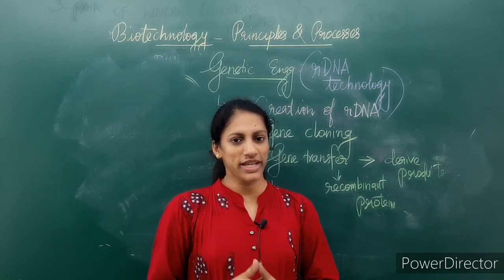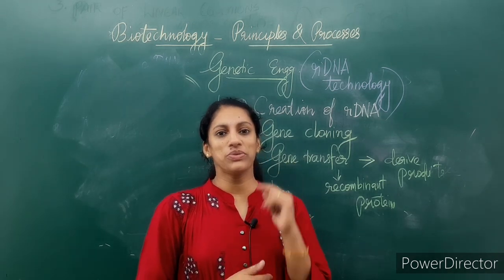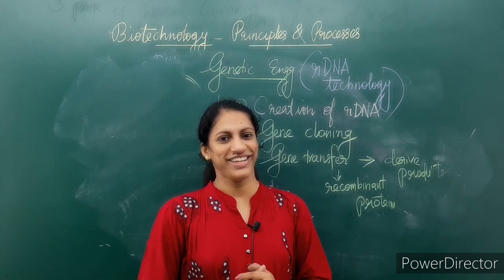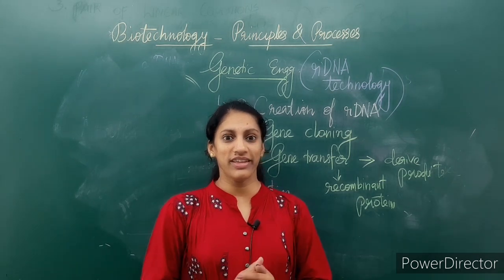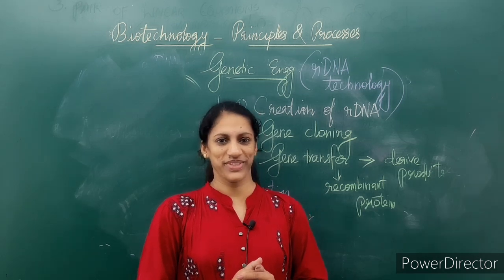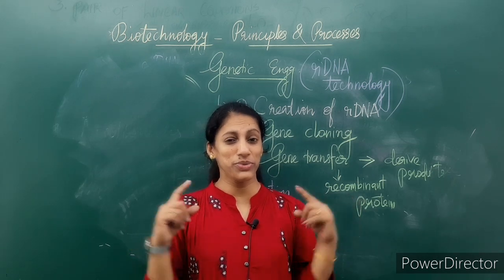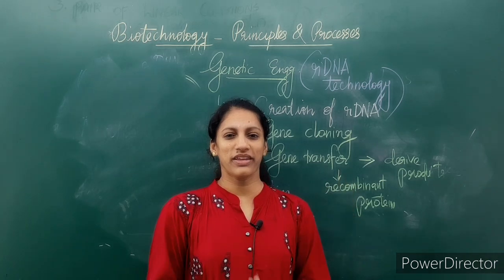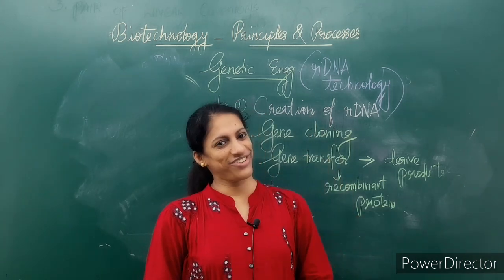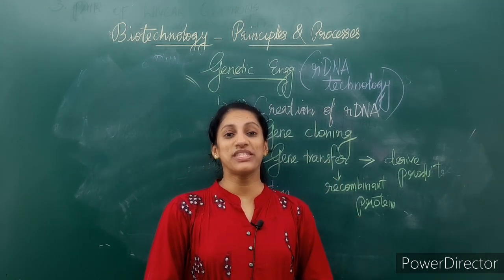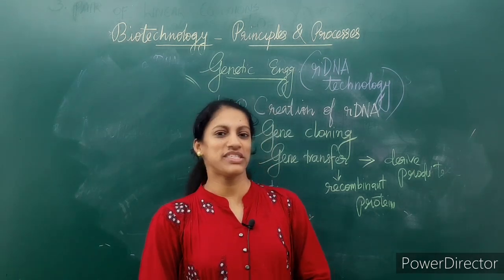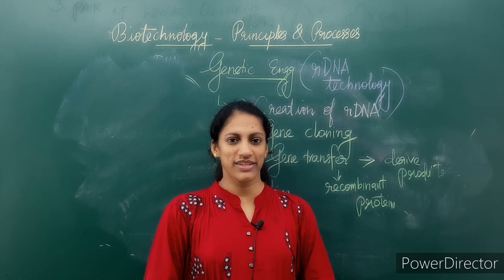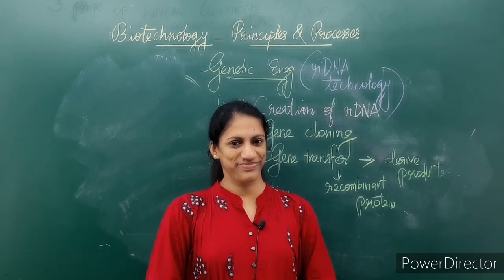For the next class we will discuss who produced the first rDNA. It's very interesting to know, is it not? Who got these ideas first? Incorporating two genes and developing a recombinant DNA, something great, is it not? Today I will give the scientists' names and in the next class we will discuss it.